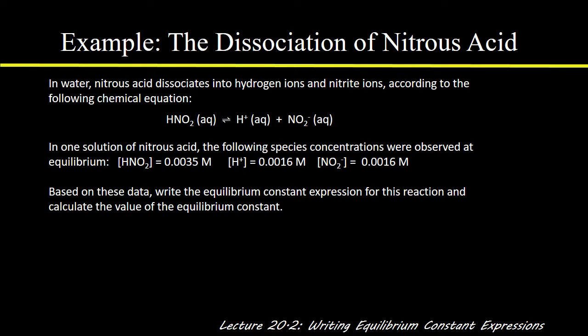Nitrous acid was 0.0035 molar, hydrogen ions 0.0016 molar, and nitrite ions 0.0016 molar. And here's the question. Actually, it's two questions. Based on these data, write the equilibrium constant expression for this reaction and calculate the value of the equilibrium constant.